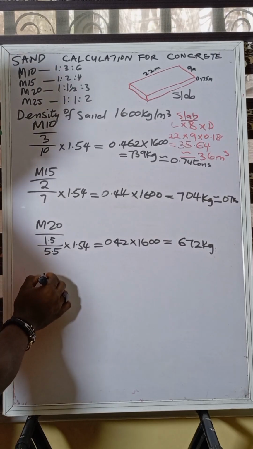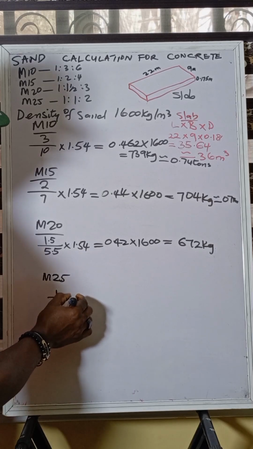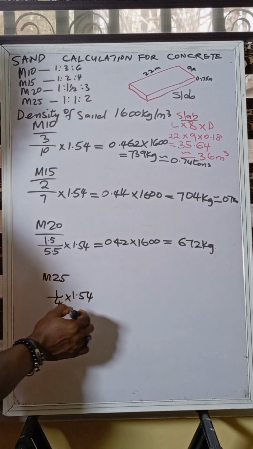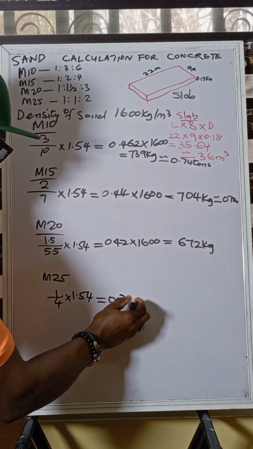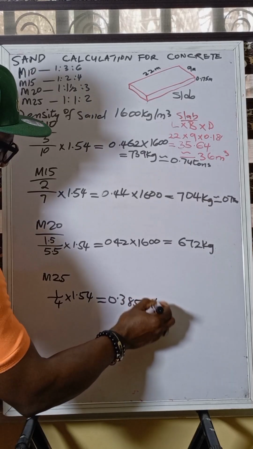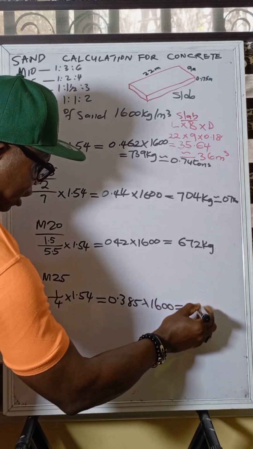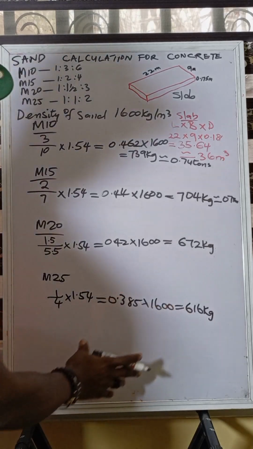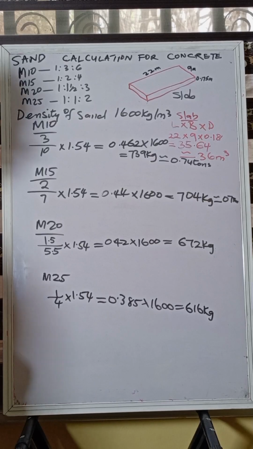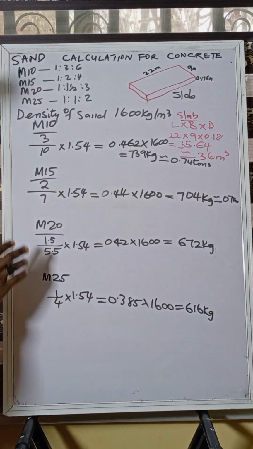While for M25, it is 1 over 4 multiplied by 1.54, which is equal to 0.385. If we multiply this by 1,600, it will give us 616 kg of sand. So these are the quantities of sand required per cubic meter of these different grades of concrete.